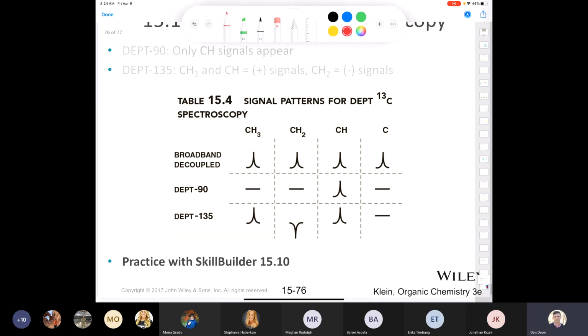If you run all 3 experiments, a methyl is going to be distinguished from a methylene, from a methine, and from a quaternary carbon. They all have unique signals when you compare the broadband decoupled, the DEPT 90, and the DEPT 135.